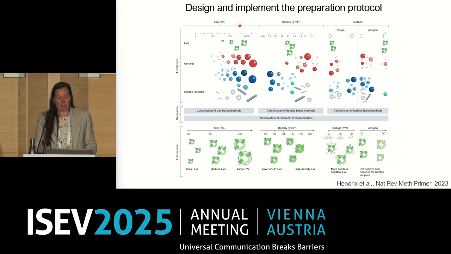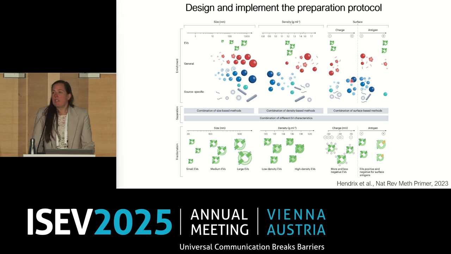So for example, during an enrichment step where we have different types of particles, including extracellular vesicles, lipoprotein particles, protein aggregates, and so on, if we separate them on size, you will be able to deplete the smallest particles, for example, from extracellular vesicles, but there will still be a co-enrichment with particles that overlap in size with extracellular vesicles. The same applies for density-based methods and surface-based methods.